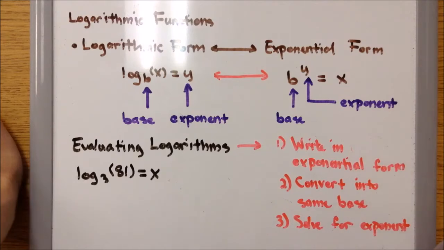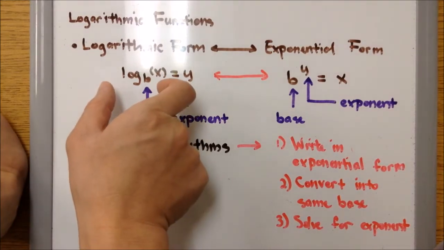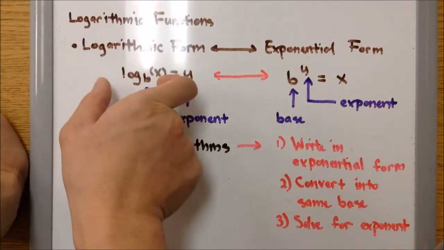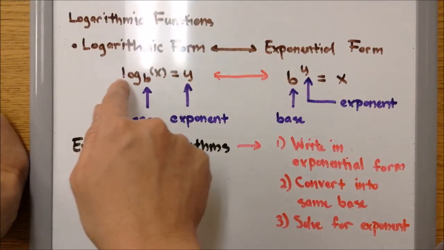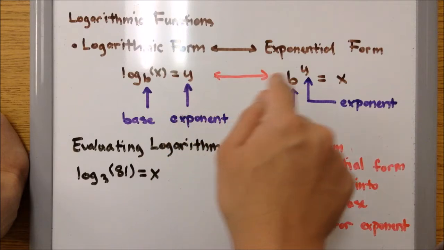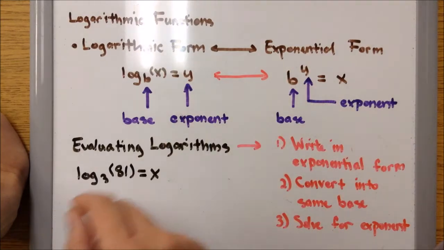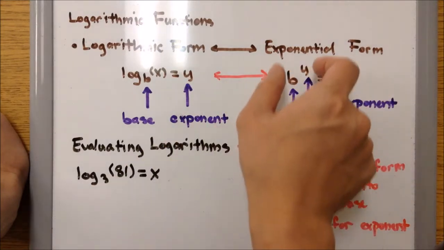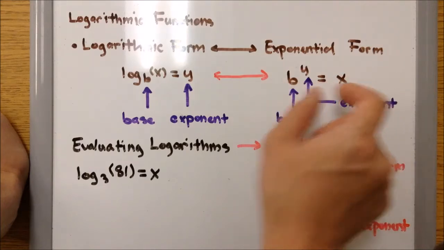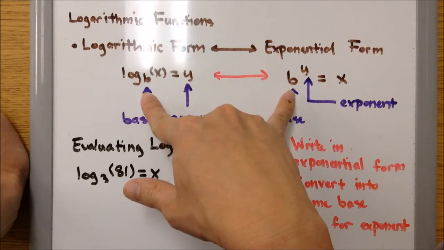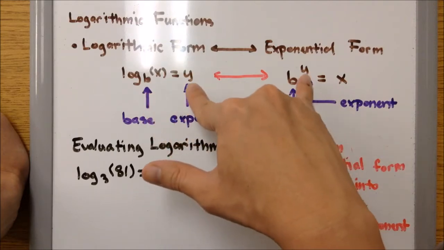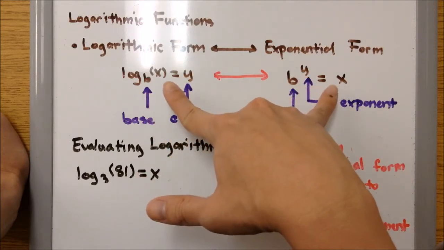So again, from log form to exponential form, what your base is, you write it as the base, and what the log equals, you raise it to that exponent, and then in your exponential form, you set it equal to what was next to your log. So again, my base b raised to the power of y, set equal to x.